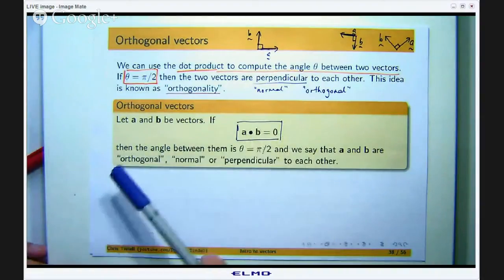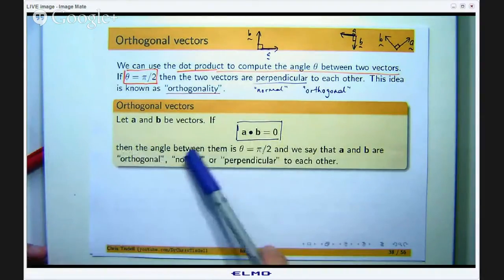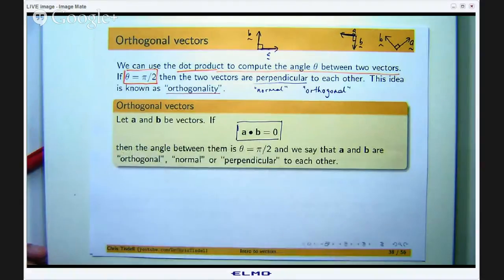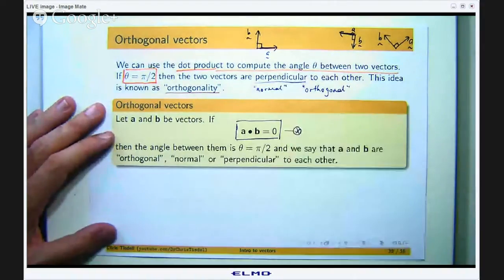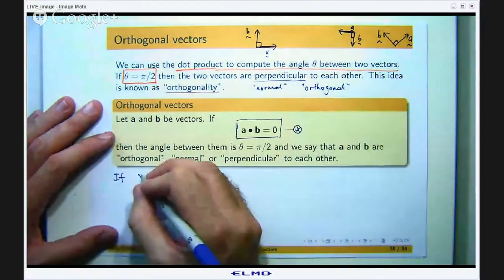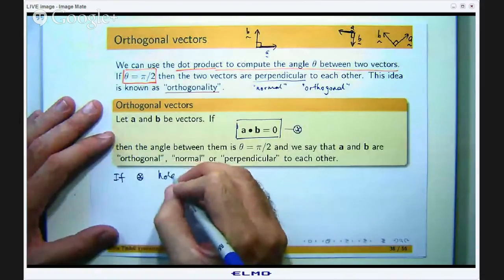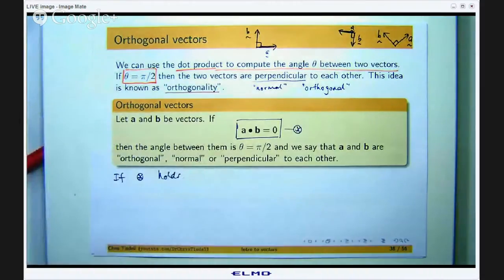Well, if the dot product's 0, then the angle theta between the two vectors is pi on 2, and we would conclude then that A and B are orthogonal, normal, or perpendicular to each other. So let me show you where this comes from, and see how we can make that conclusion.